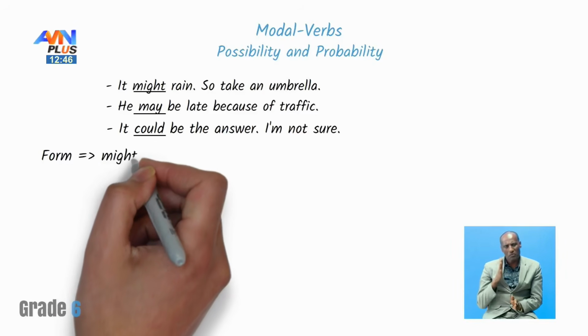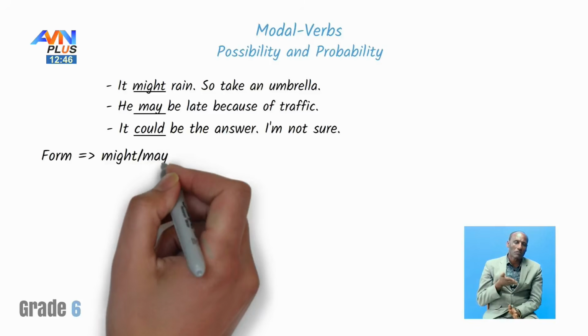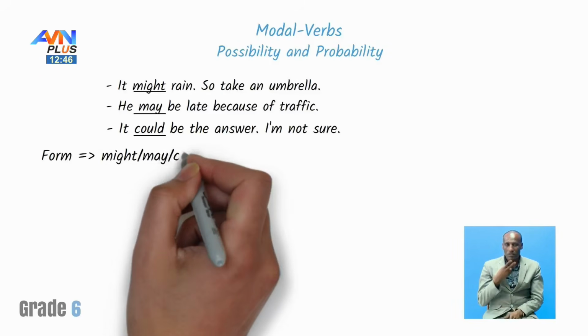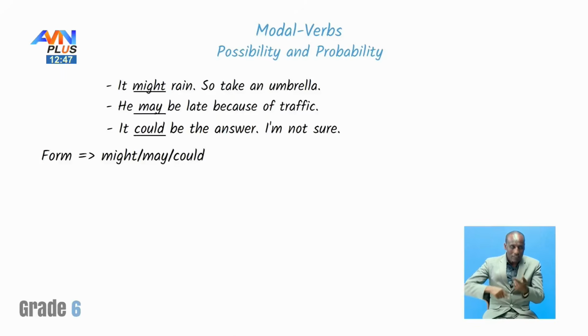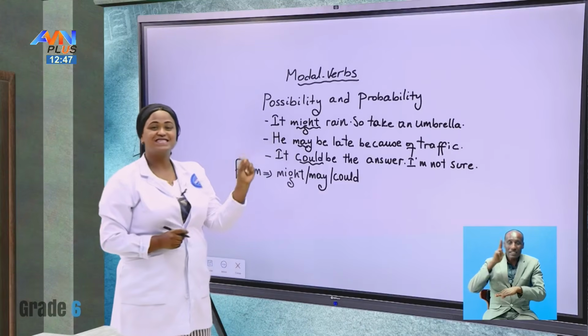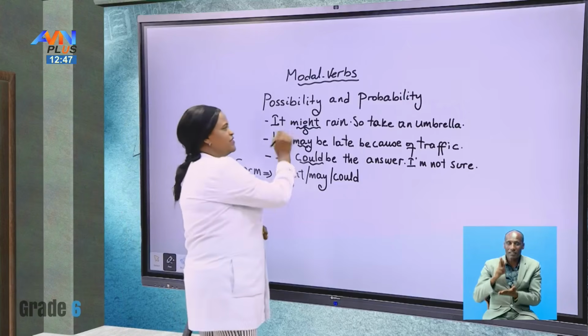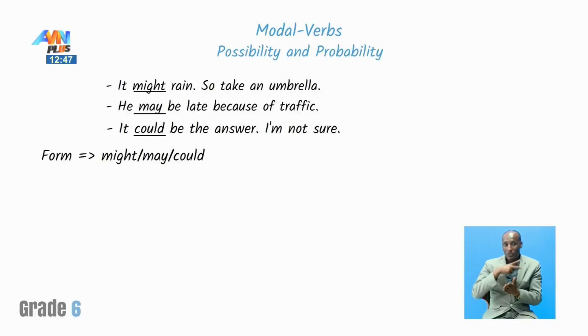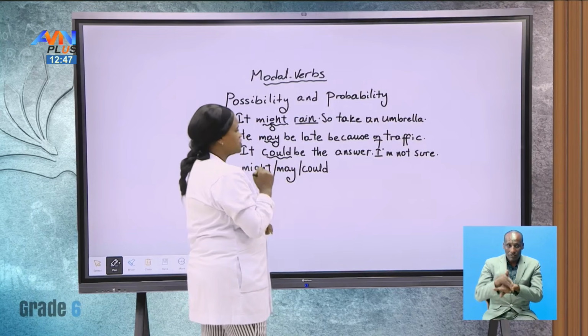Might, or as you can see on the second example, may, yes? On the third one, we have what? Could. Very good. Then, what comes after these three verbs or auxiliaries is, let's see. The first one, it might rain. What kind of verb is it? Tell the answer to your parents or your mentors, okay?